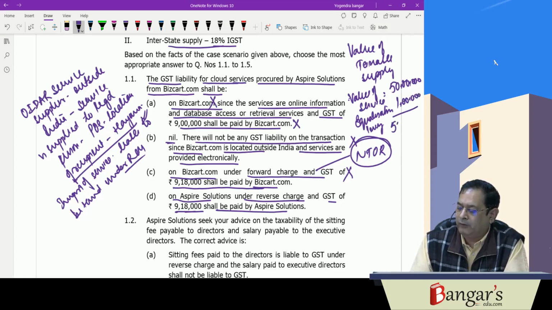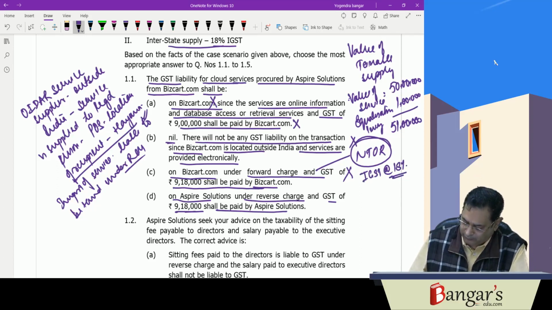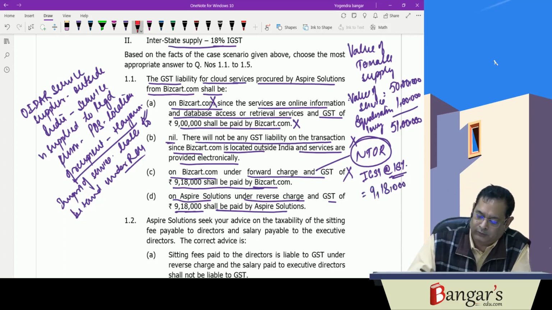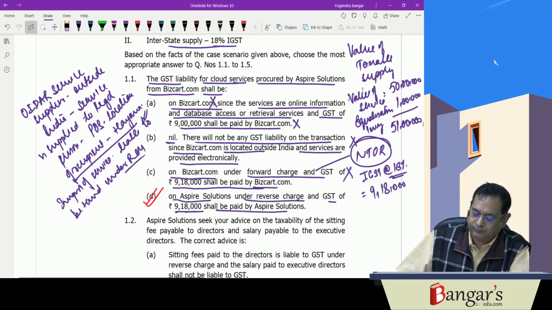Okay, 51 lakh rupees will be the value of supply, on which IGST will be levied at the rate of 18%. So on 51 lakhs, 18% IGST will be levied, which works out to be 9,18,000. So here the correct option is D.